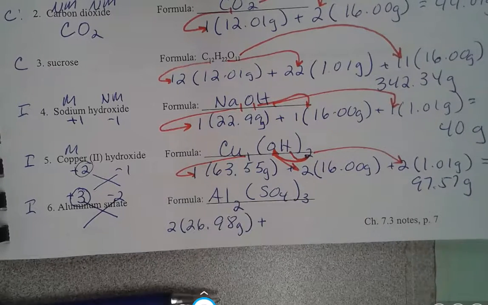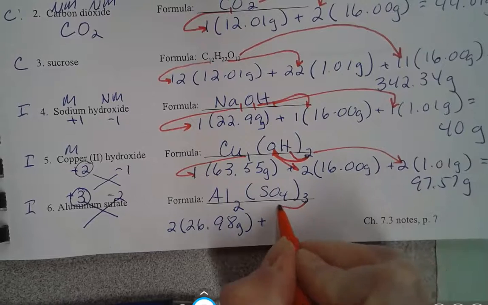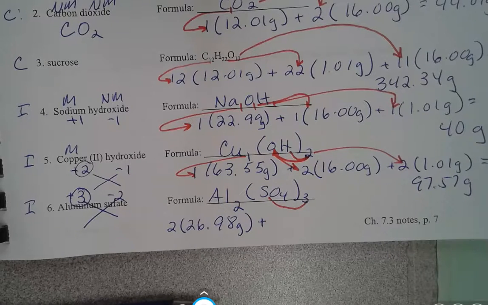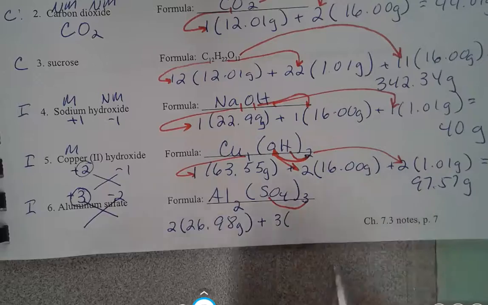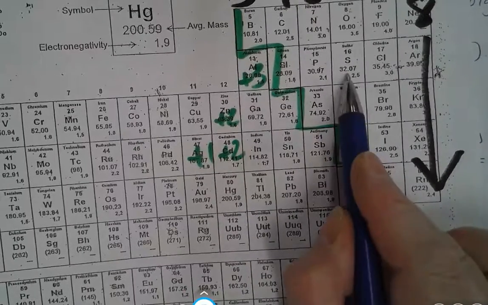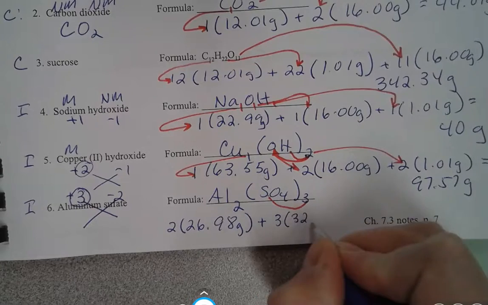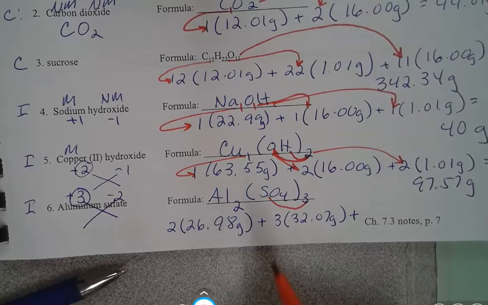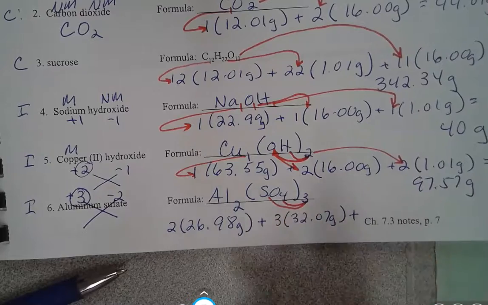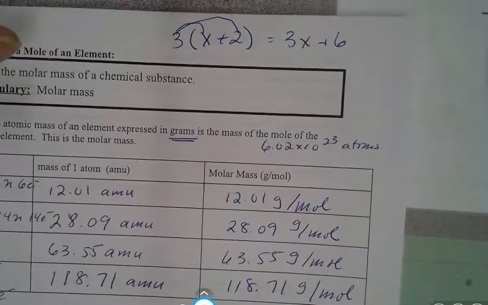Now, remember how we had to distribute? How many sulfurs do I have? Well, 1 times 3 is 3. So I have 3 sulfurs. And we haven't done sulfur yet, have we? Sulfur is right here at 32.07. Now, watch carefully. What do I do here? Let's go back. What did I do up here?